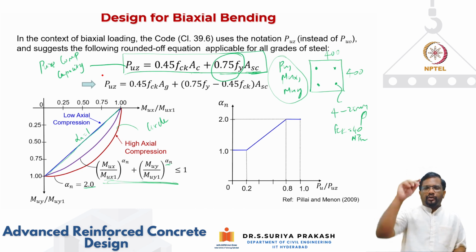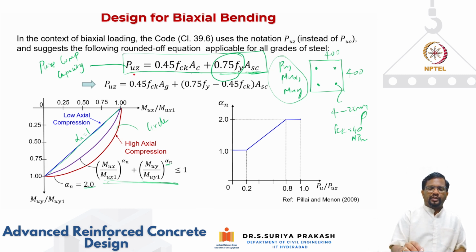In fact, to account for minimum eccentricity, the code said this entire thing was multiplied by 0.9, if you remember. Then we end up with 0.4 fck Ac plus 0.67 fy Asc, right? But in this biaxial bending equation, the code is saying that you are anyway accounting for biaxial bending, so you don't need to multiply by that 0.9 and can use this equation for calculating the pure compression capacity.